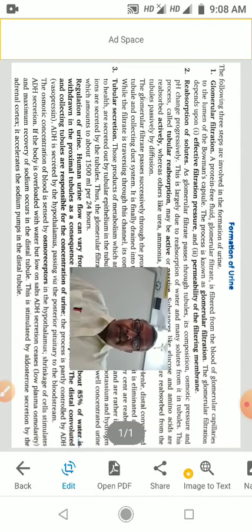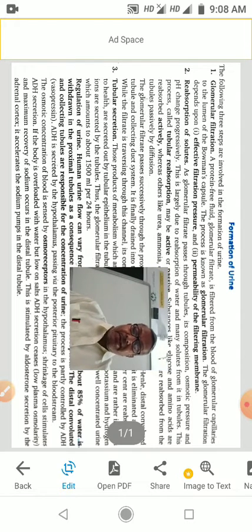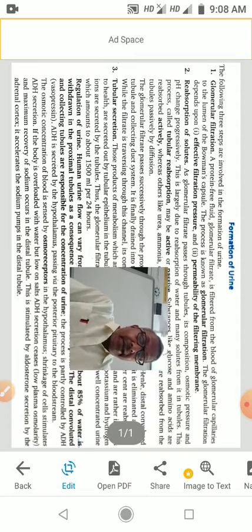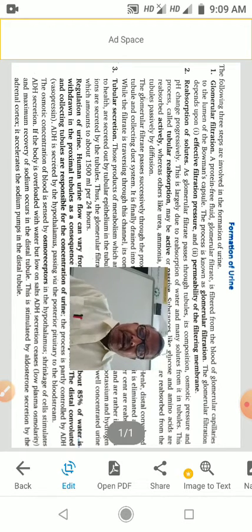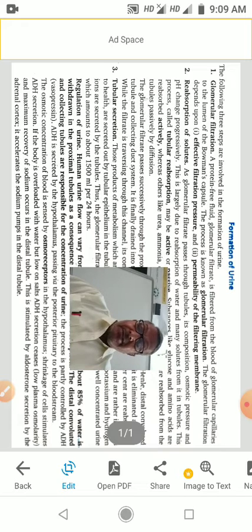Now the next step of the formation of urine is tubular secretion. Those products of metabolism which are not at all required by the body and are present in the blood are injurious to health.